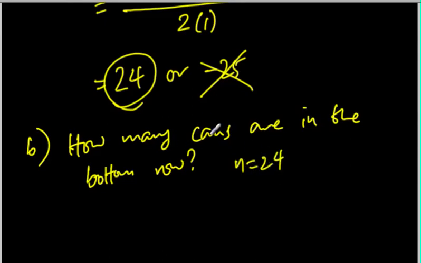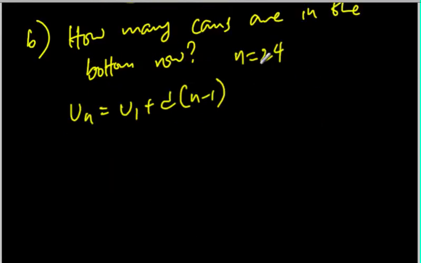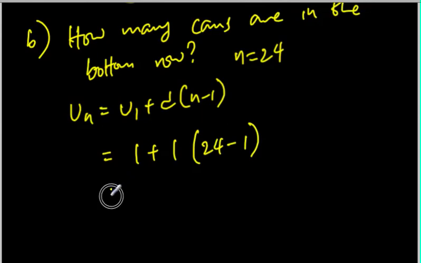To find the cans in the bottom row, we go back to the sequence formula: un is equal to u1 plus d times n minus 1. Since n is 24, u1 is 1, and d is 1, it's 24 minus 1. So it's equal to 1 plus 23, which is equal to 24.